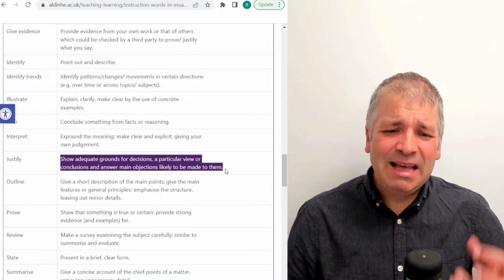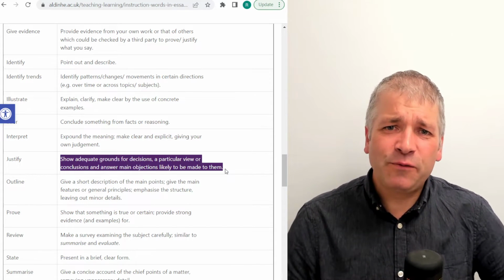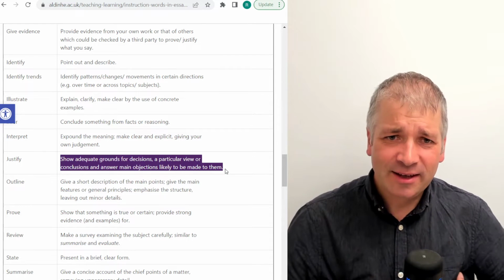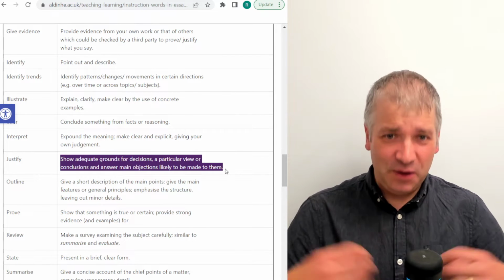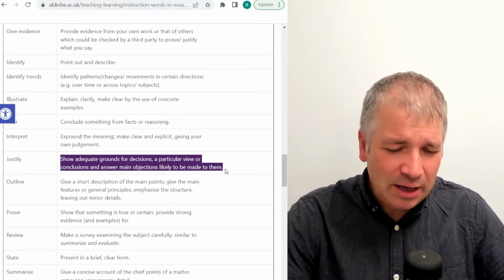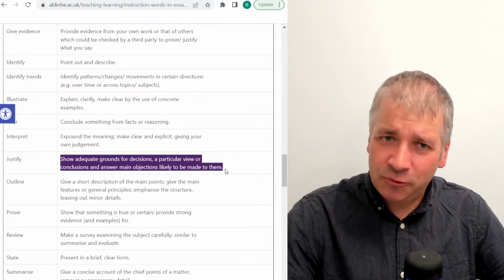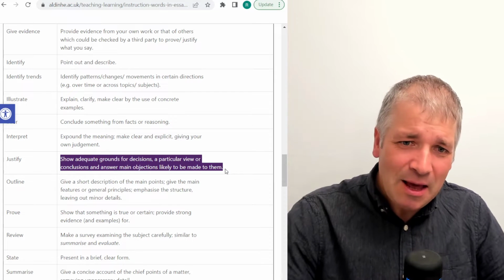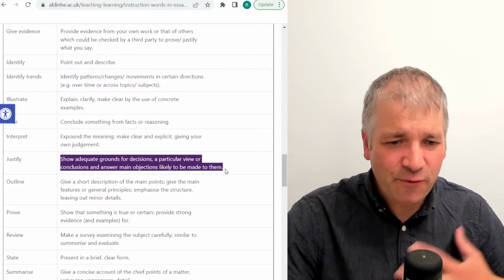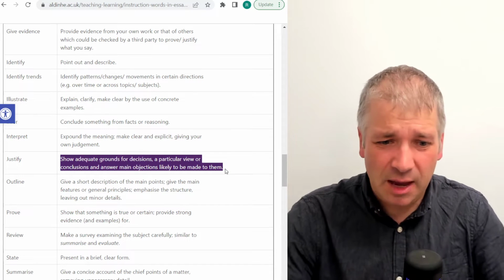This means, is there enough information for us to decide, yes, this is correct? And also we need to be aware of any objections, anything people might say that opposes the statement as well. But our main focus is on proving that the statement is correct.